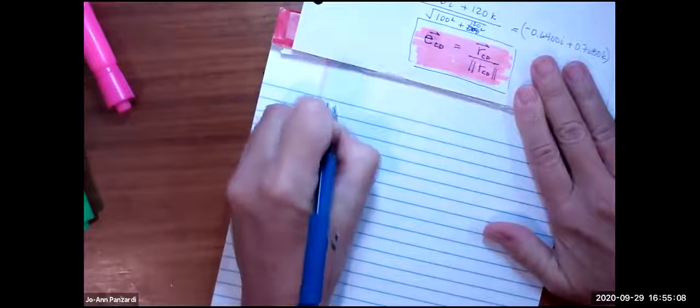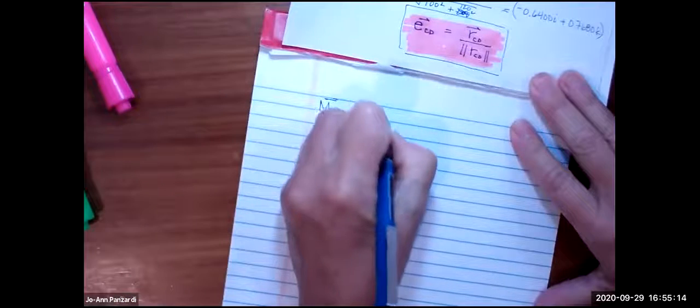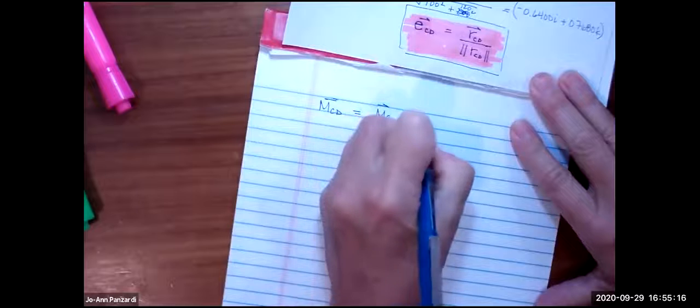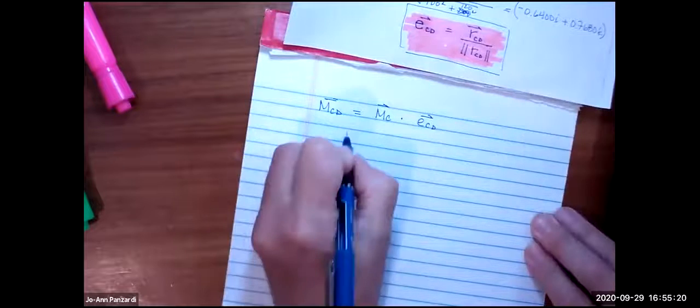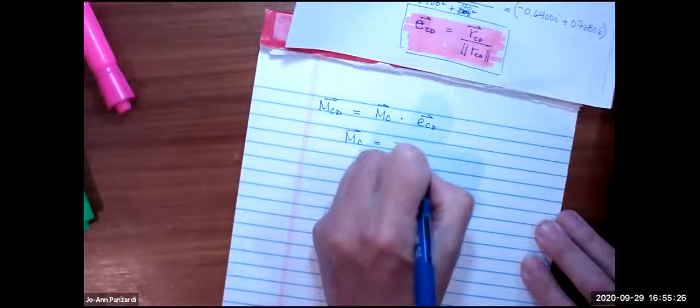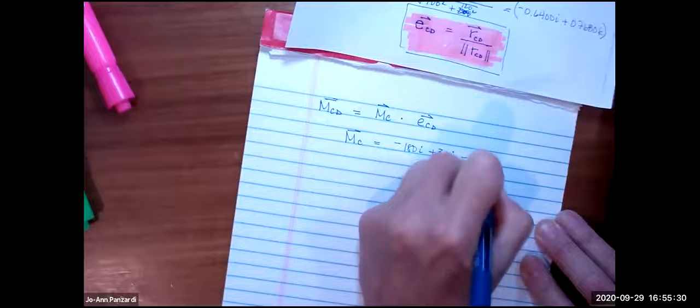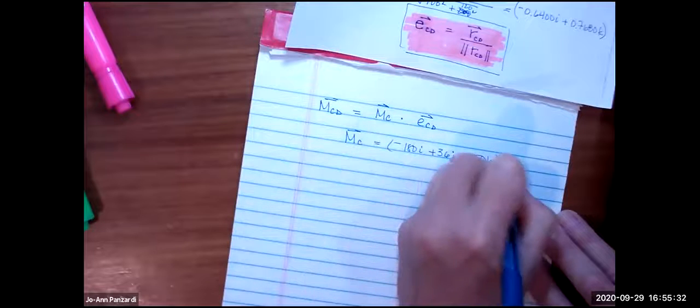So we said that the moment about CD is equal to the moment about C dotted with ECD. Just to write it over, the moment about C was equal to negative 180I plus 36J minus 150K newton meter.